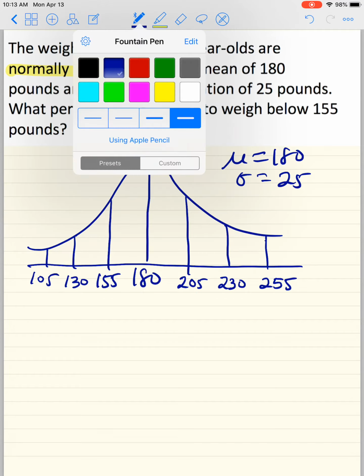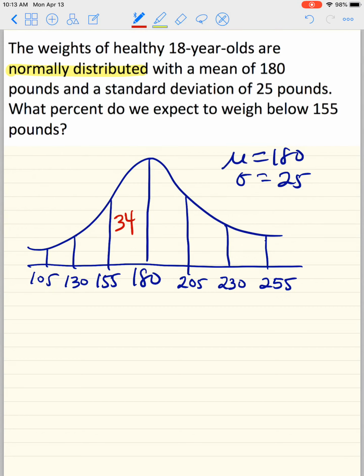Now, what percent do we expect to weigh below 155 pounds? Well, I can't do that unless I put my percentages again. That's 34, that's 34, that's percentage. You guys should put the percent sign. I should not be messy here. And then I have 2 and 2 and 0.5 and 0.5. So we want to expect below 155.